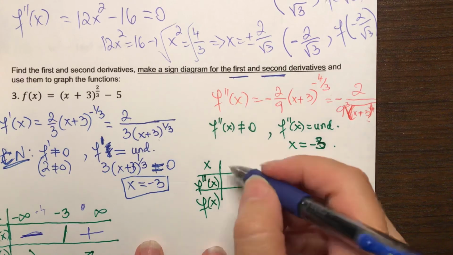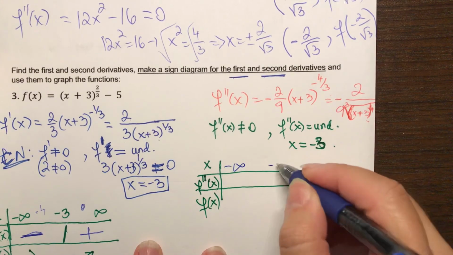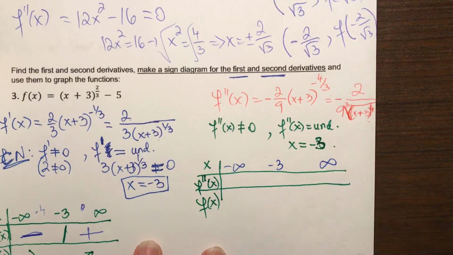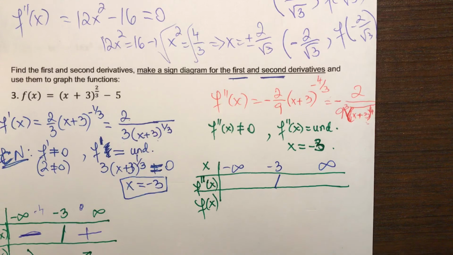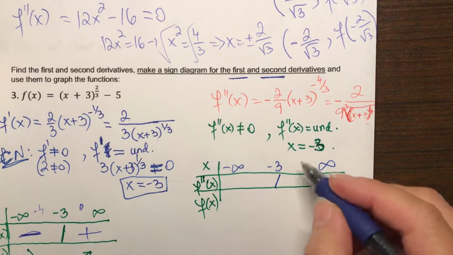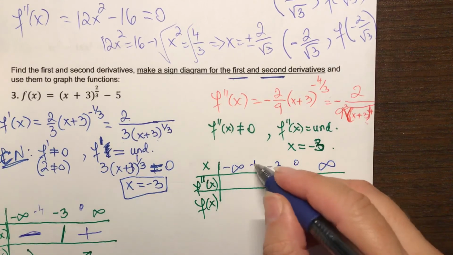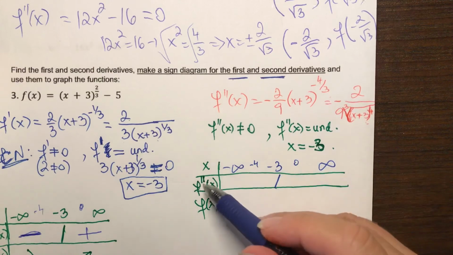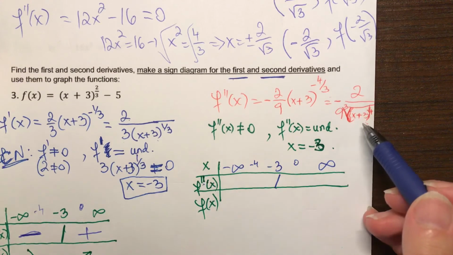Okay. So from negative infinity to positive infinity, negative 3 is where things are happening. The second derivative is undefined there, right? What about the signs? So again, pick any value, really, it doesn't matter what you pick, and plug into this second derivative function.